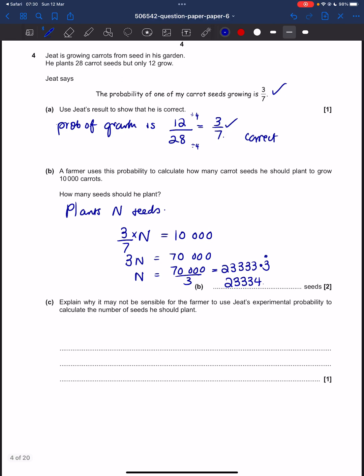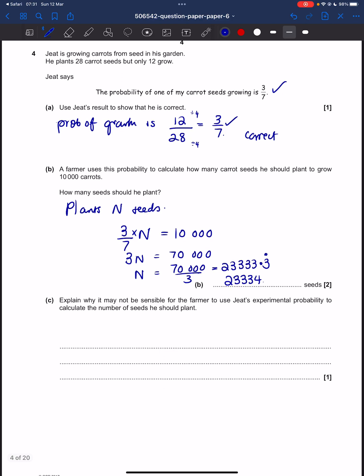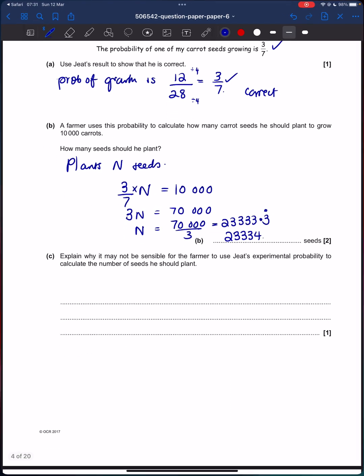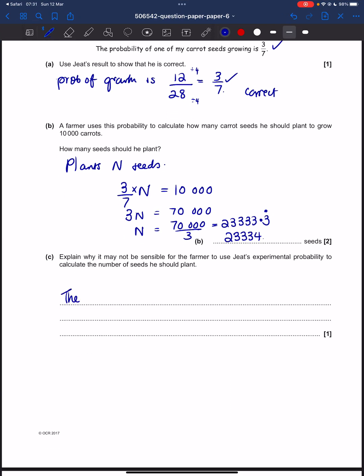So the environmental conditions at the farm may differ from those in the garden.